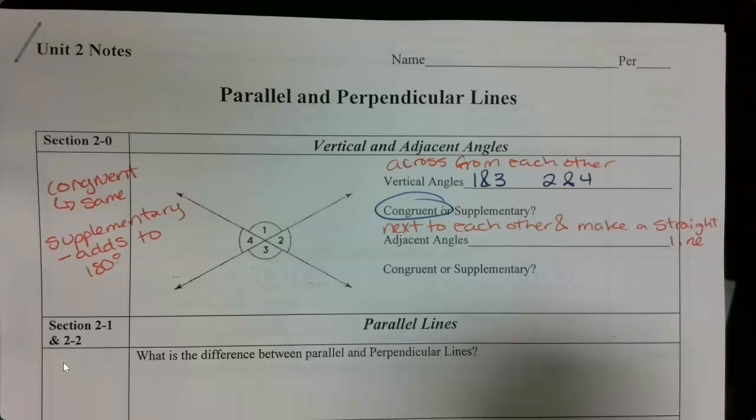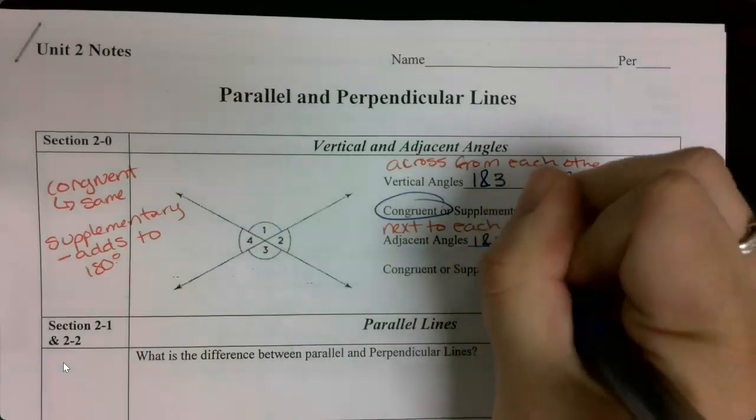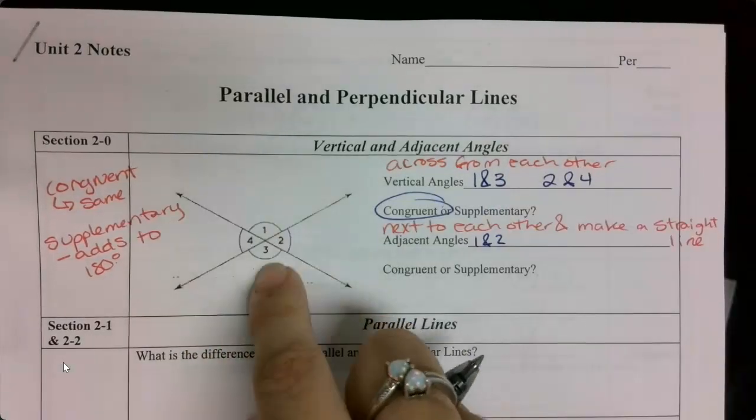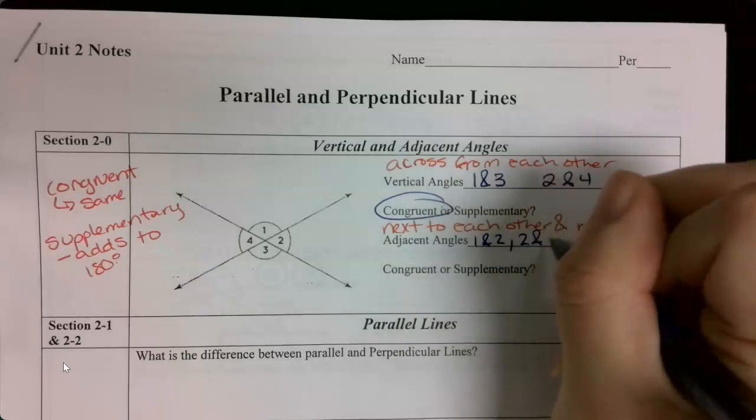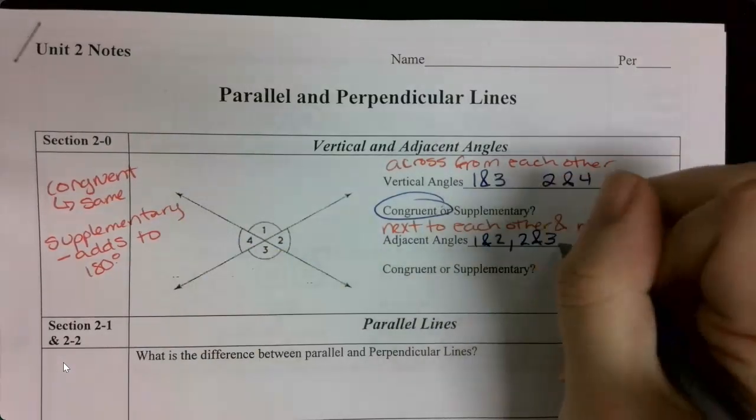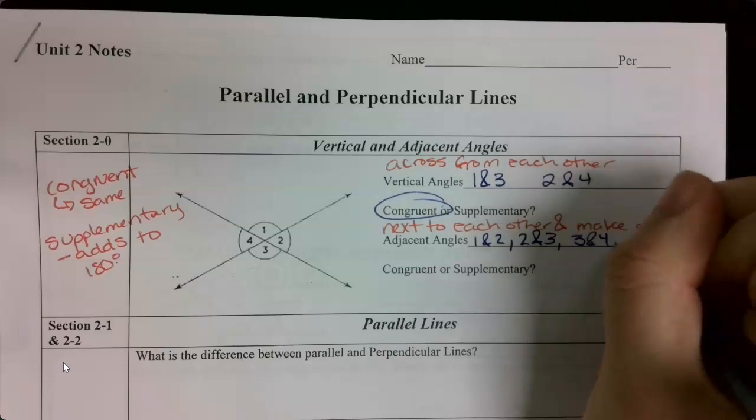Okay, so my adjacent angles in this picture are going to be 1 and 2, because those are next to each other and make a line, 2 and 3, 3 and 4, and 4 and 1.